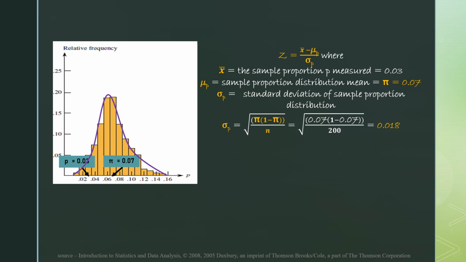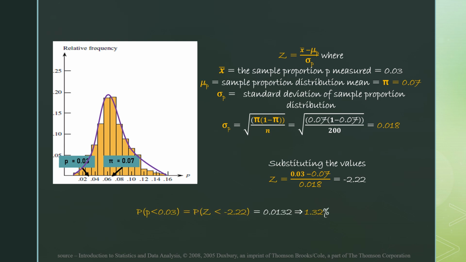Substituting the values we have, square root of 0.07 multiplied by 1 minus 0.07 divided by 200 equals 0.018. Substituting the values for x bar, mu p and sigma p, we have z equals 0.03 minus 0.07 divided by 0.018 equals minus 2.22, as the value for z-score.